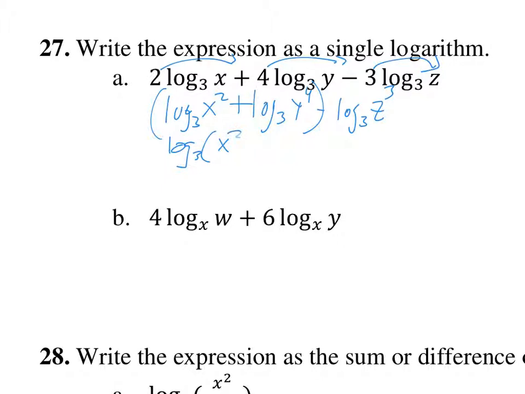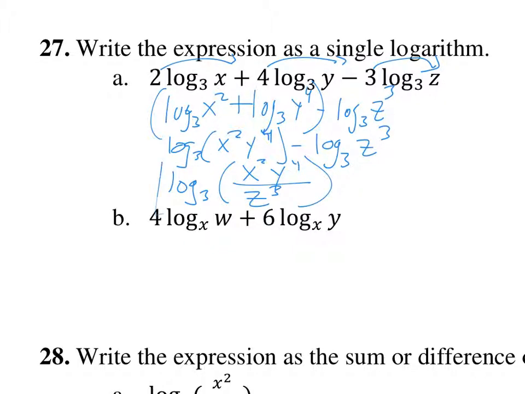We have x squared times y to the 4th, adding logarithms, the same as multiplying. And now subtracting logarithms means division. We can change that into division inside the logarithm. X squared y to the 4th all over z cubed.